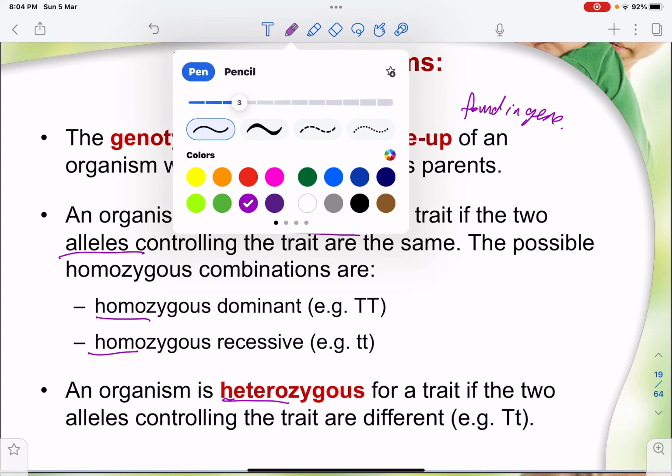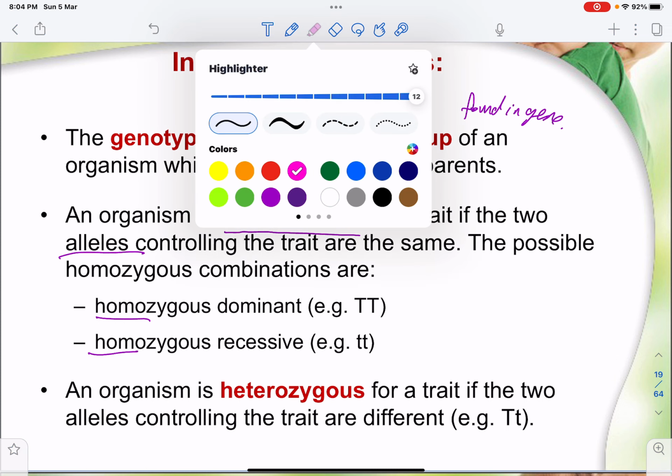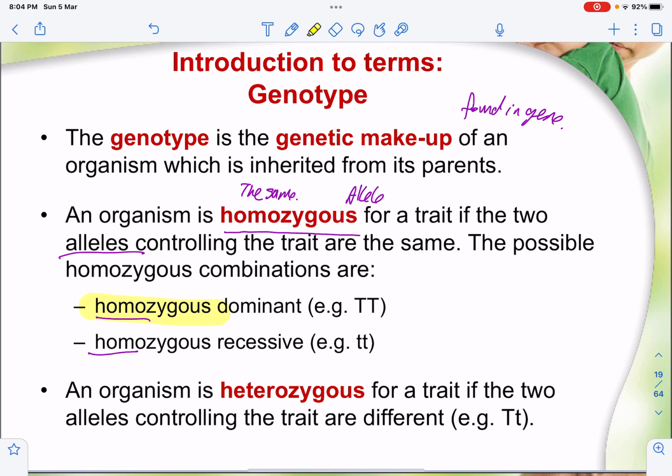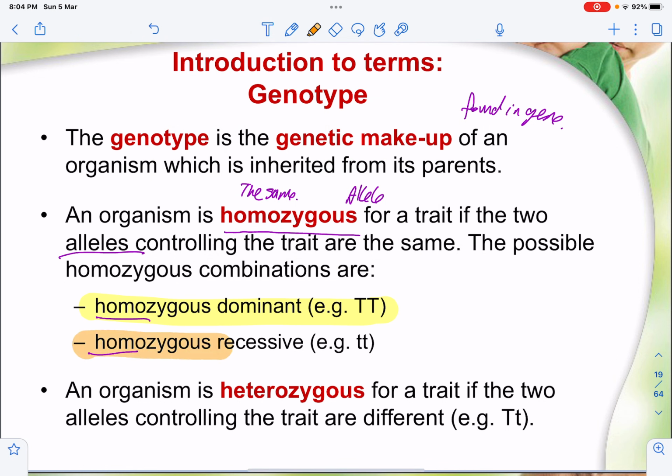You only see this combination, where it is homozygous dominant. The second one that you will see is homozygous recessive. And the final one that you will see is heterozygous, which is different. Now the letters can change, but just take note of what they mean.